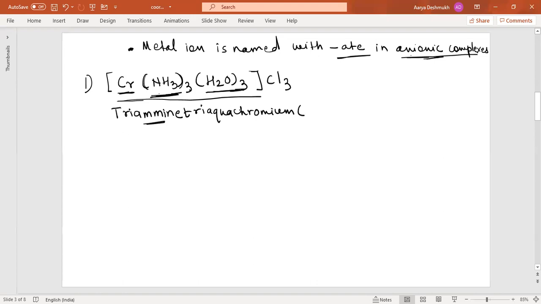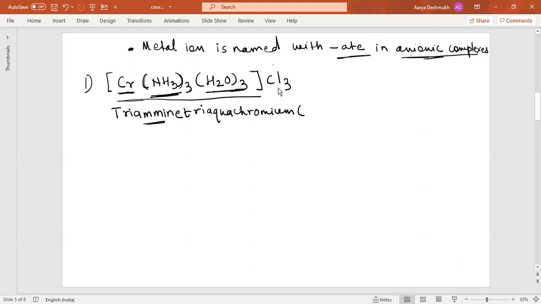For this purpose, you should be aware of the type of ligand involved. Since the ammonia molecule is a neutral ligand and the water molecule again is a neutral ligand, there are no charges on them. And there are three chlorine atoms outside the coordination sphere. The charge on each chloride ion is -1.